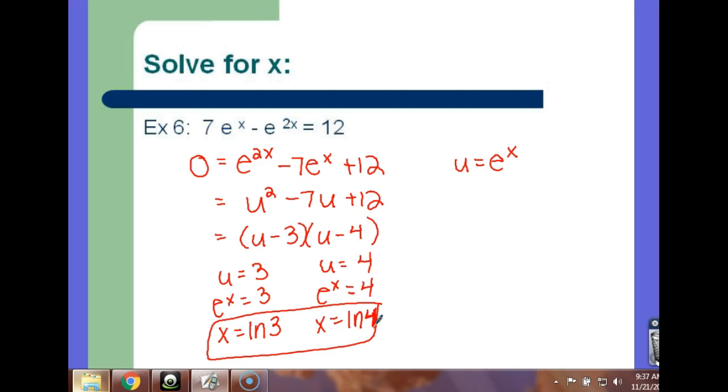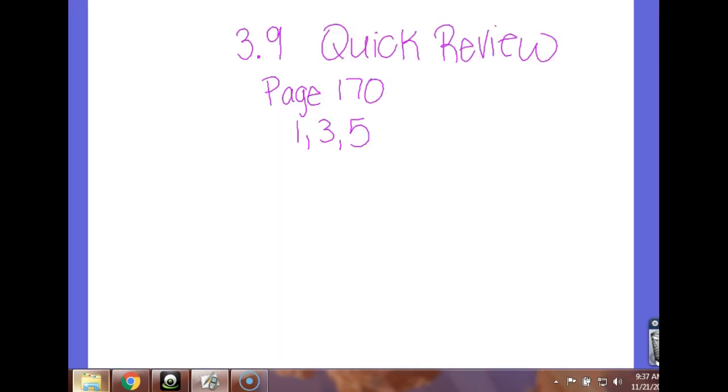So what we're going to do is the 3.9 quick review as well as 1, 3, and 5 from page 170. I'm not sure the quick review and 1, 3, and 5 are on the same page. I think they're not.